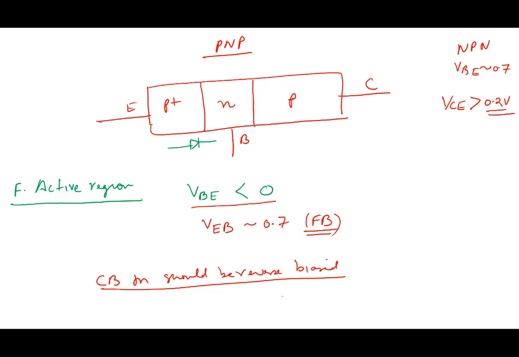Now here we will say VEC should be greater than 0.2 or more to enable it to go into the active region. So it is emitter to collector rather than collector to emitter, emitter to base rather than base to emitter. We do NPN so much that when we give you a problem with PNP, we have a hard time and start making mistakes.